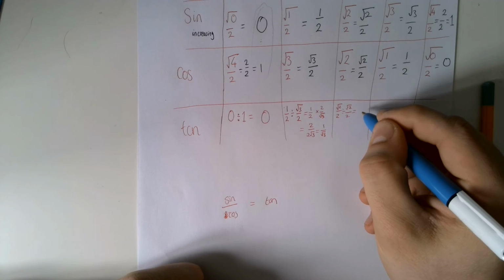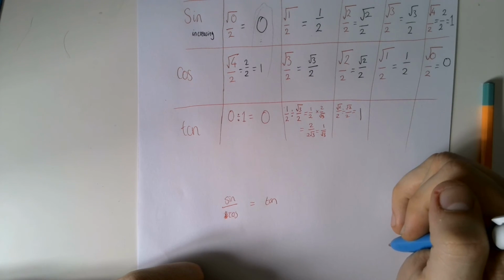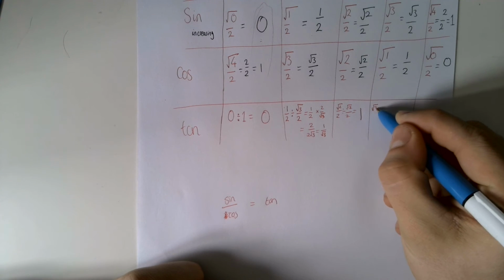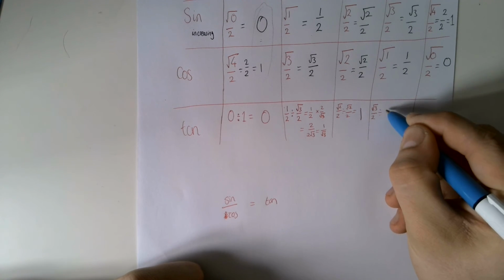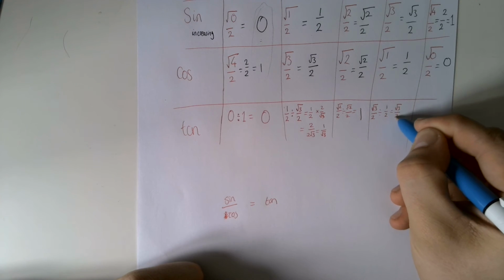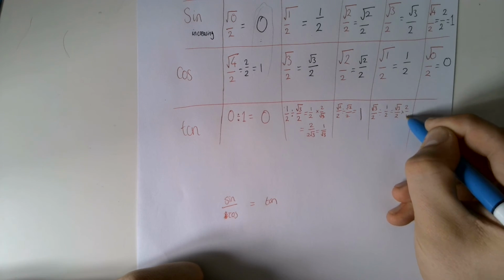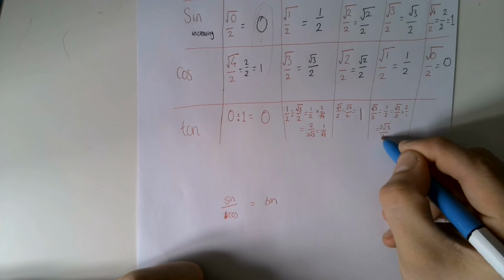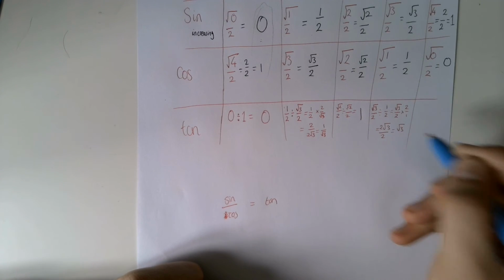Now anything divided by itself is just 1. Now you're going to want to do root 3 over 2 divided by 1 over 2. Okay, so that is going to give you root 3 over 2 multiplied by 2 over 1, which is 2 root 3 over 2, which is just root 3.